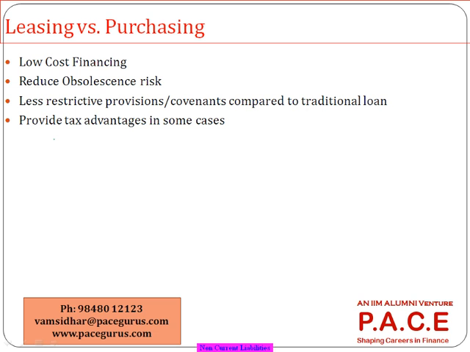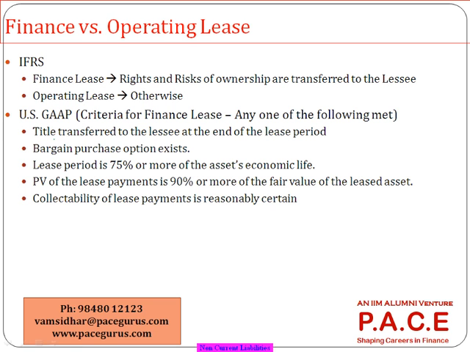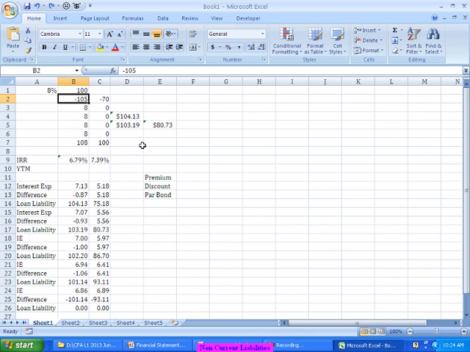So what we are saying in case of lease, see, it's like this. Let's say I want to buy a machine. Instead of buying it directly, I may say I will lease the machine.